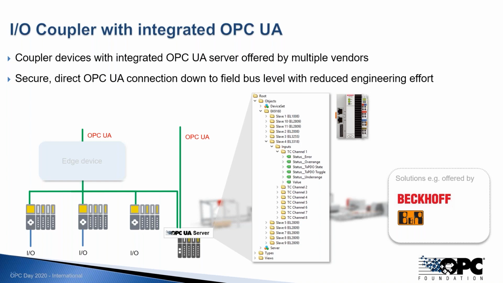You directly connect I/O devices to a small device which is doing no control execution. There's no execution of a PLC program on it. It just provides the data which is collected from reality and provides that via OPC UA to the upper world, either through the edge device, through itself, or by direct connection.